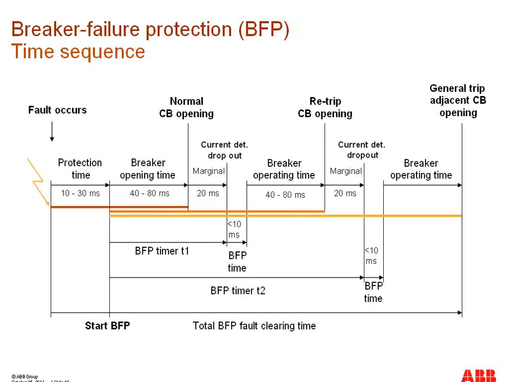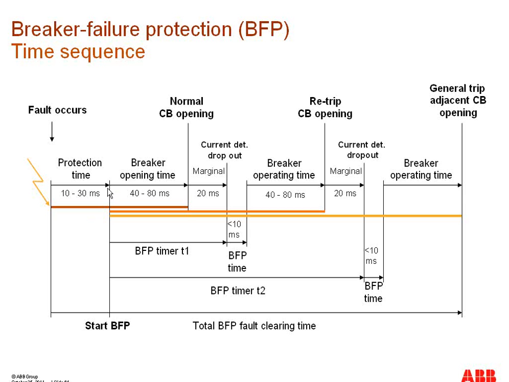This is a typical timing sequence for the breaker failure protection. As you can see, this is the instant at which the fault occurs. 10 to 30 milliseconds is the protection time, the time taken by the relay to issue a trip signal.